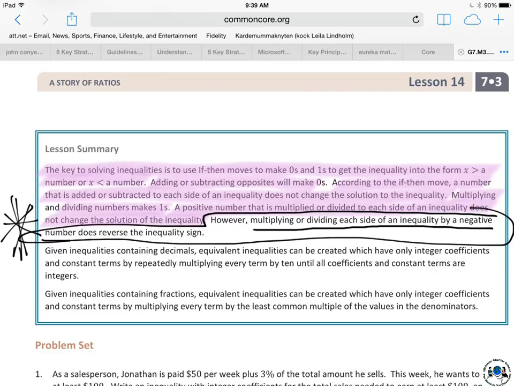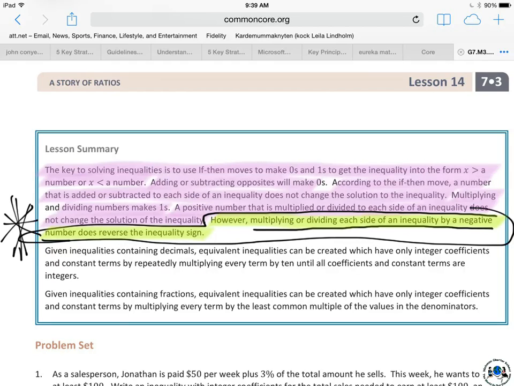Okay, I am trying to get a new color of highlighter here. There we go. That would be good. Let's do that one. However, multiplying or dividing each side of an inequality by a negative number does reverse the inequality sign. Again, somewhat complicated to explain, but just take it as fact, okay?